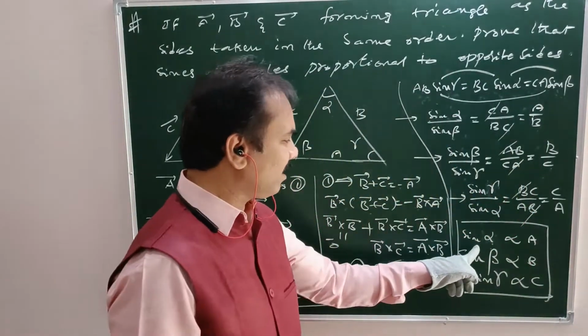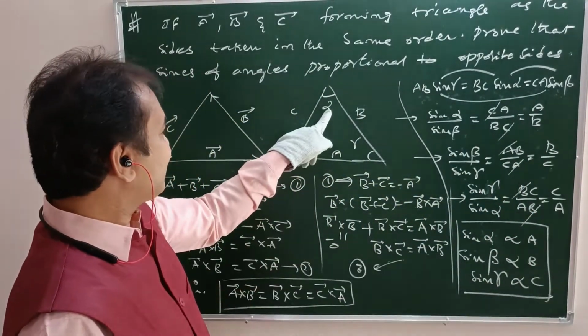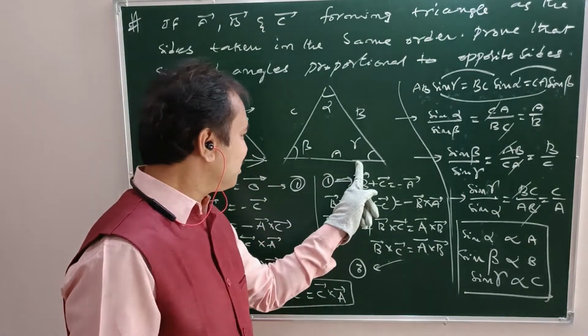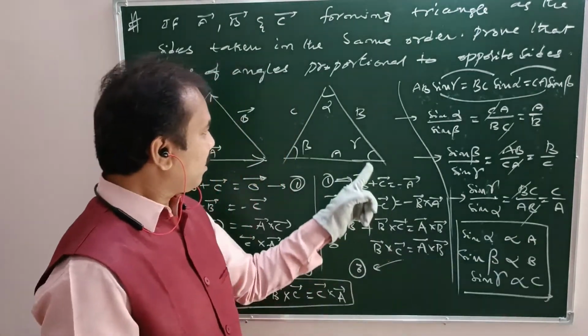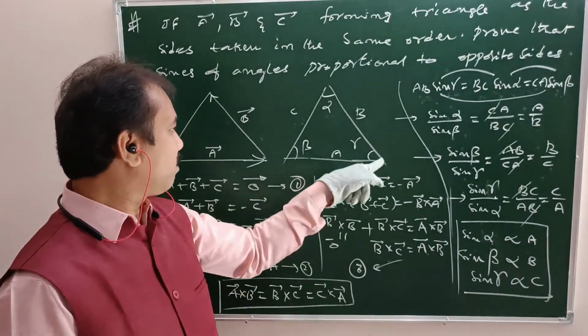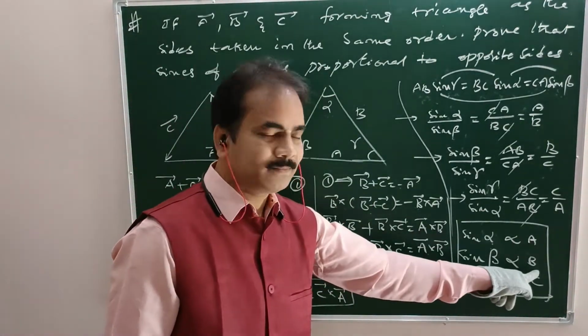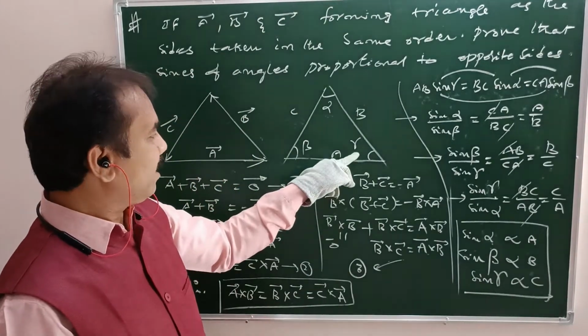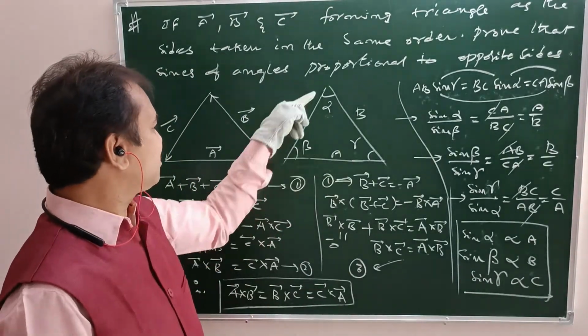What is that result? Sin alpha, where is alpha, somewhere here. Sin alpha is proportional to the opposite side A. Now see sin beta. Where is beta? Somewhere here. Sin beta is proportional to the opposite side B. Right. Similarly, sin gamma is also proportional to the opposite side C.